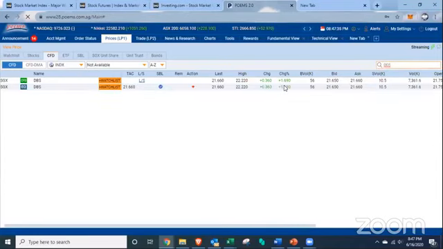You can see the price for this stock and the CFD is actually the same. What CFD does is mirror the market liquidity. It means that whatever price the stock is trading at, CFD will be trading at the same price. So CFD mirrors the market liquidity.